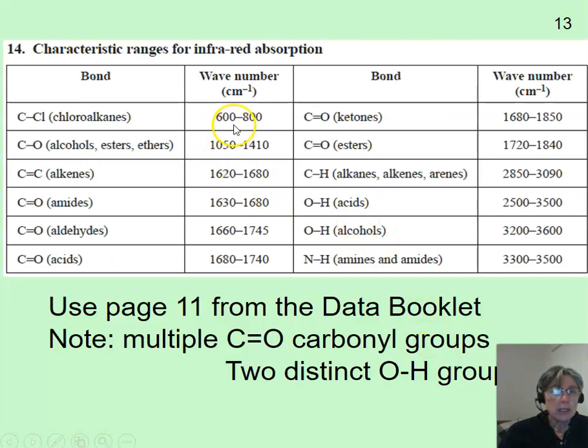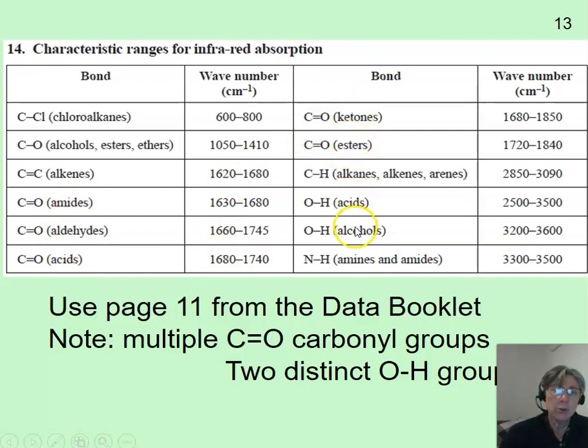Okay, so you need to use your data booklets. If you get your data booklet, these numbers we have to quote, and we have to quote the whole range. So you'll see that we've got 1, 2, 3, 4, 5 different carbonyl peaks, which will be at slightly different numbers depending on what type of carbonyl they are.